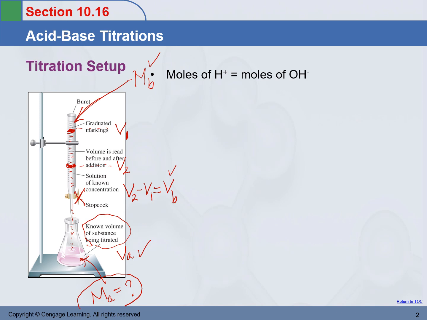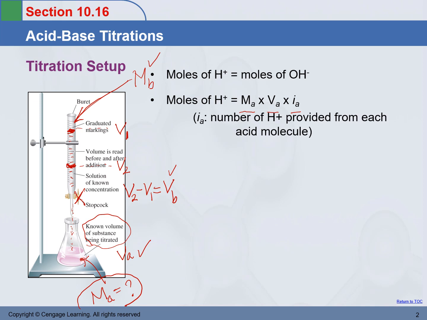So the key is that moles of protons will equal the moles of hydroxide when they completely react. We know that. Moles of protons equals the molarity of the acid multiplied by the volume of the acid solution times I, and I is the number of protons provided from each acid molecule.